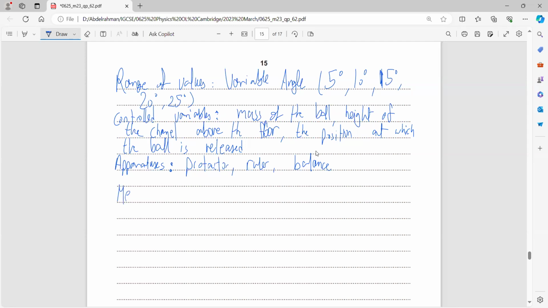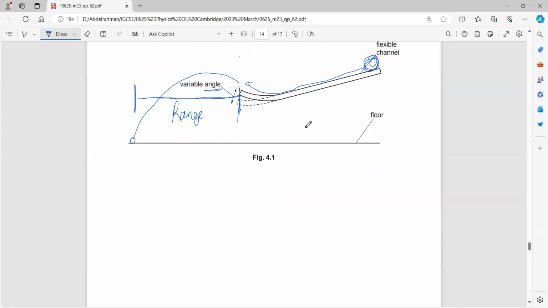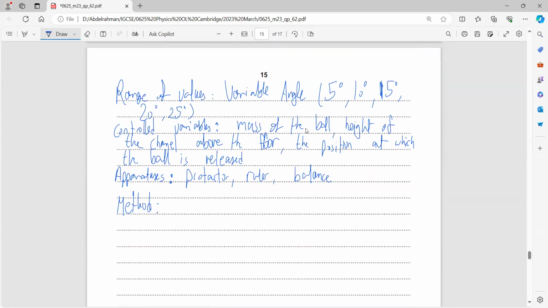It's the method. For each angle, what should I do? Just release the ball from the same position on the channel. For each angle, release the ball from the same position on the channel.